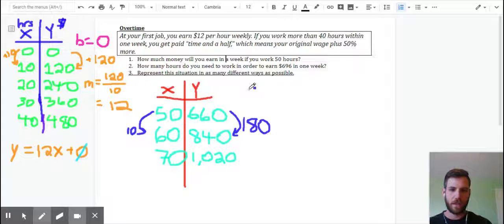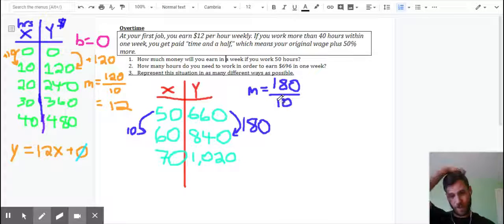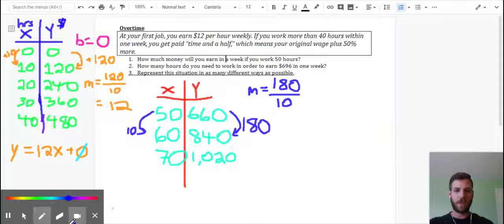And that means our slope, m, is going to be equal to 180 over 10, which is equal to 18. And we have found our slope of the second part of this function. So if we look at where these points are, we don't have a y-intercept ready to go, so we need to use something called point-slope form to get our y-intercept.